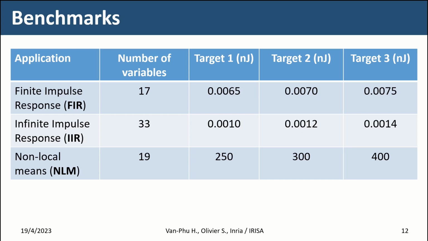We use different energy consumption targets as the cost budget in the experiments. FIR and IIR filters have 17 and 33 variables to be explored. Non-local means has 19 variables to be explored.